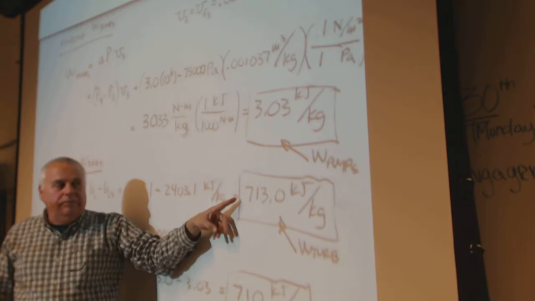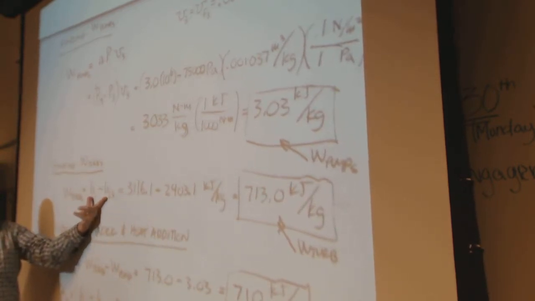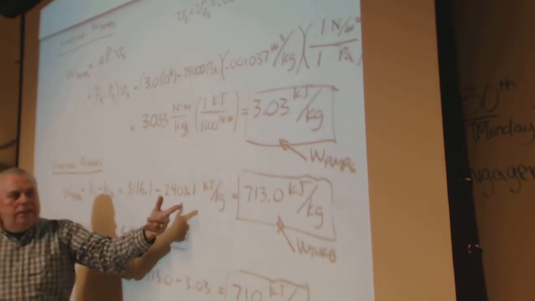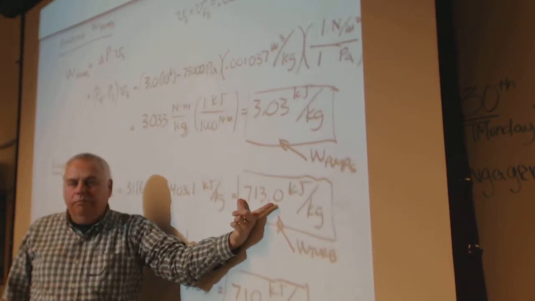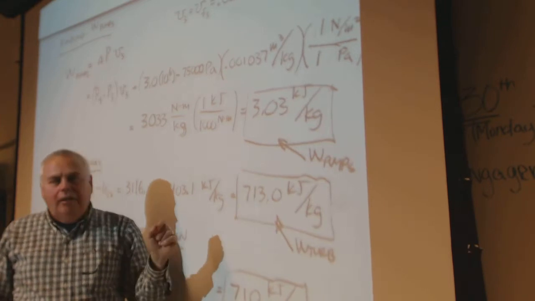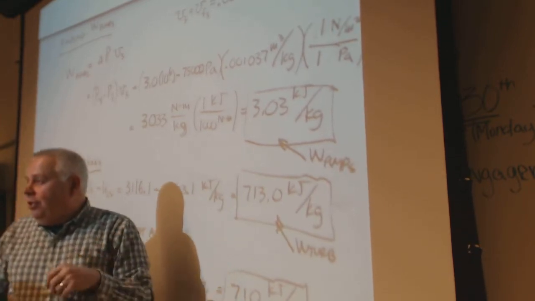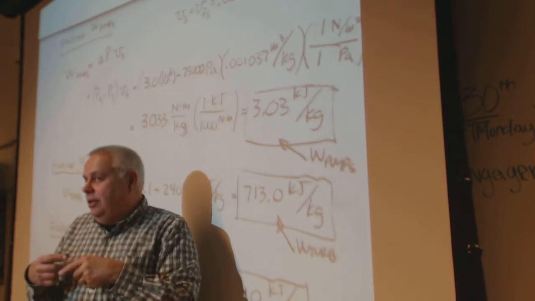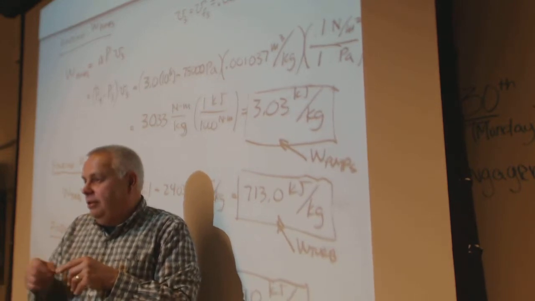The work of the turbine was H1 minus H2S for the ideal turbine, and it did possibly 713 kilojoules per kilogram of work. In the Brayton cycle example, 37% of the turbine's work went to running the compressor.